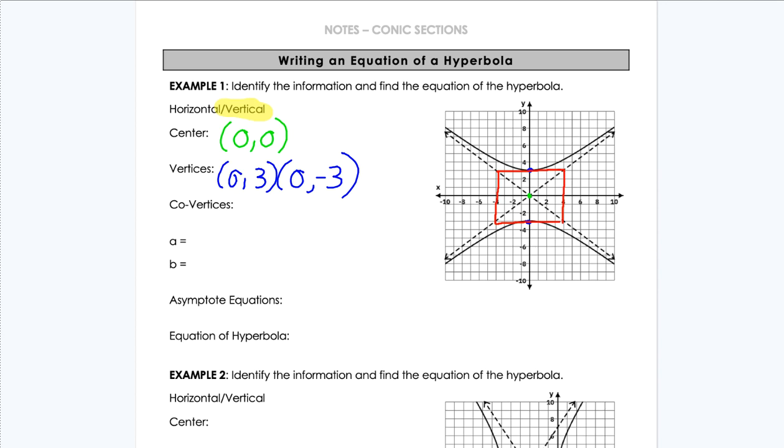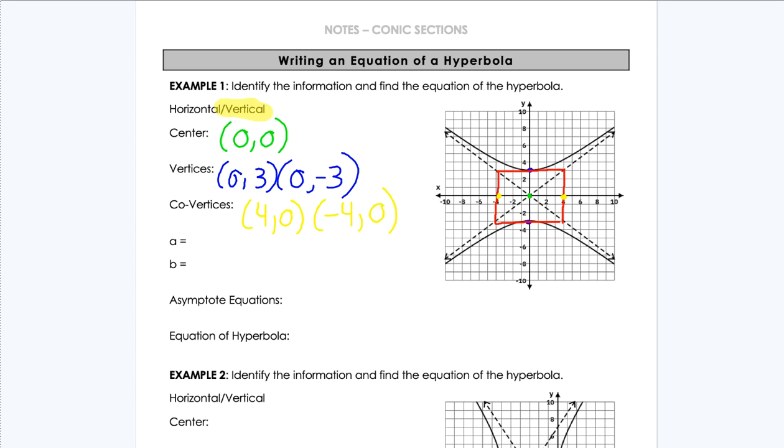Now I can see if I go straight out from that center to where that rectangle is, I have a co-vertex at 4, 0, and a co-vertex over on the left side at -4, 0. So that rectangle really helps me to create those key points.